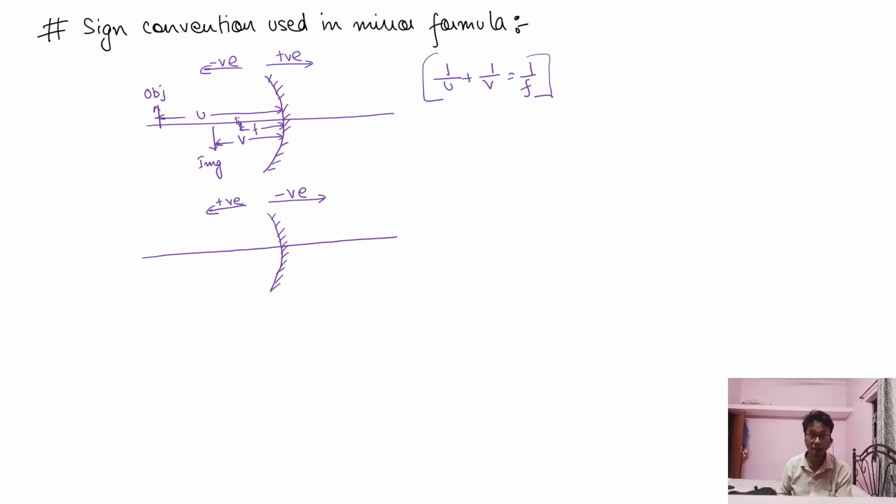But for a single numerical, once you name the convention, stick to that convention only throughout the numerical. Don't change the convention mid numerical. Okay, understood? Okay, out here was object, out here was image.